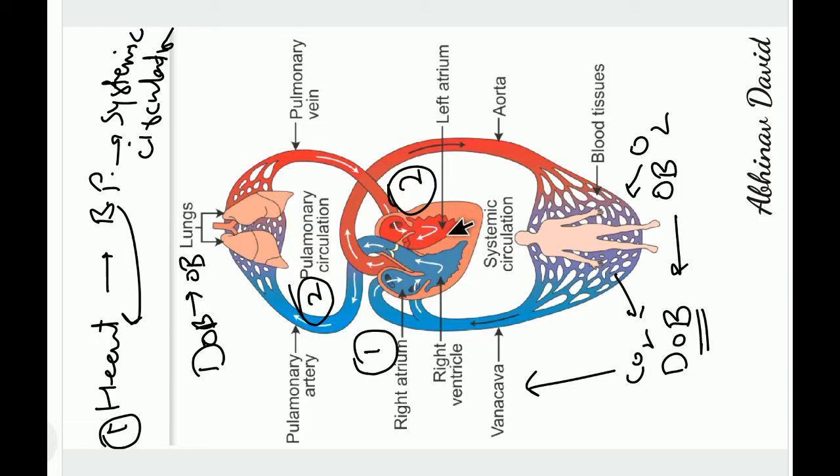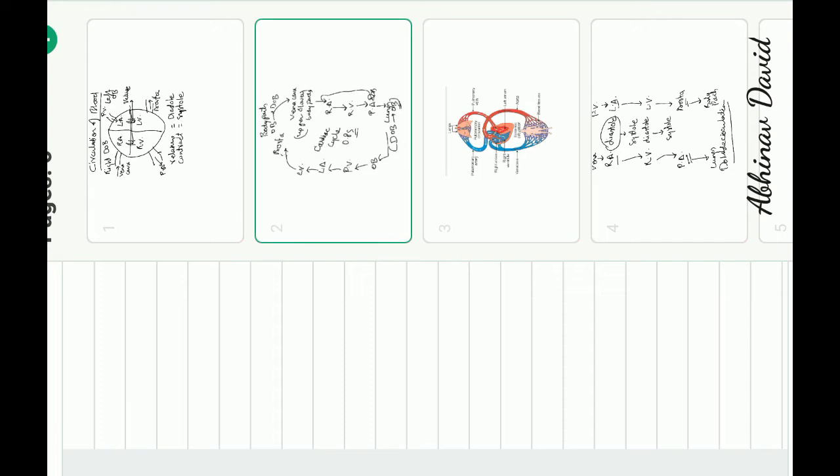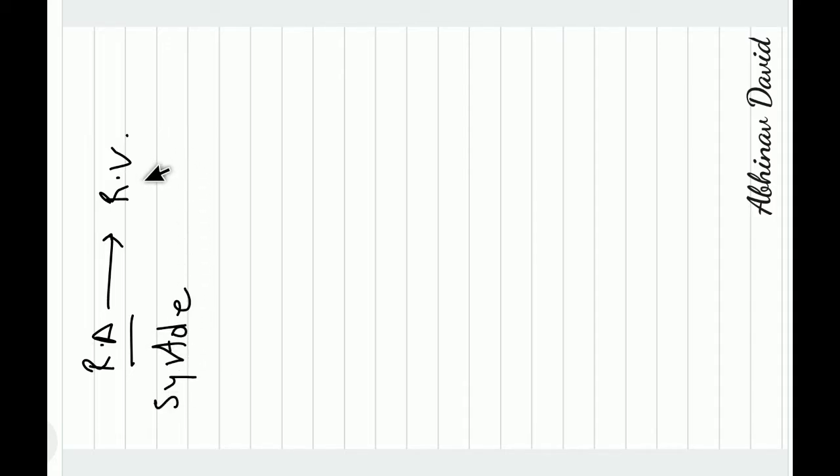Now one more thing we have to study from here. I told you that valves are present between the auricle and ventricle. What do these valves do? Now as the blood moves from the right auricle to the right ventricle, when the right auricle is contracting, or in systole, it sends blood to the right ventricle.